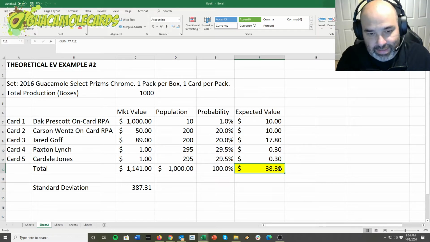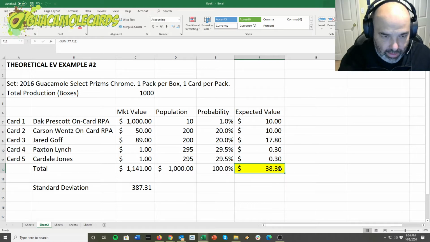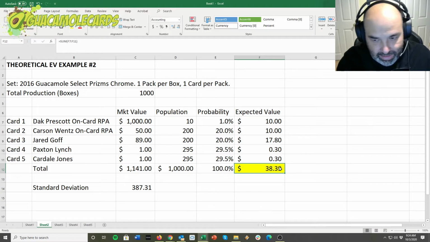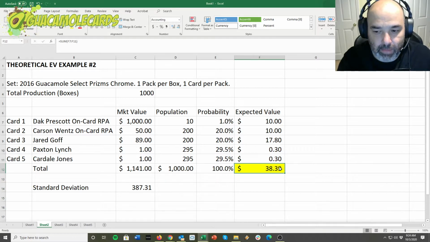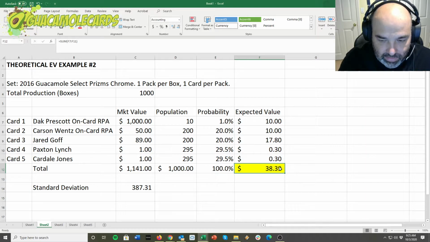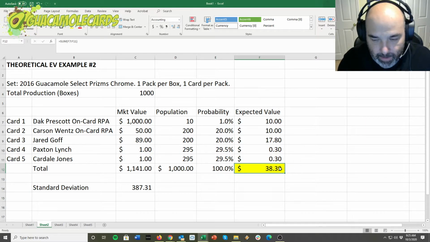Because the market is consistently pricing all of the cards within the set, and inherently the cost of the box is equal to the expected value. So as cards in a set go up, the sealed wax of the same set increases with it.